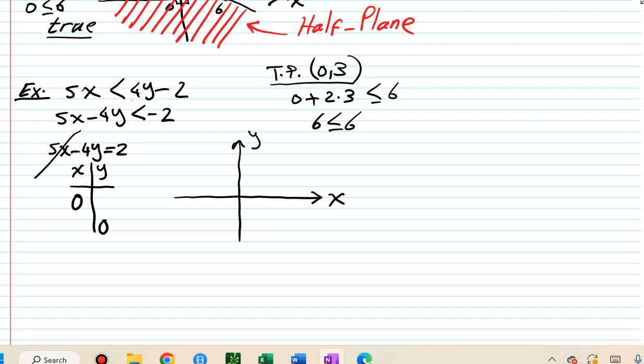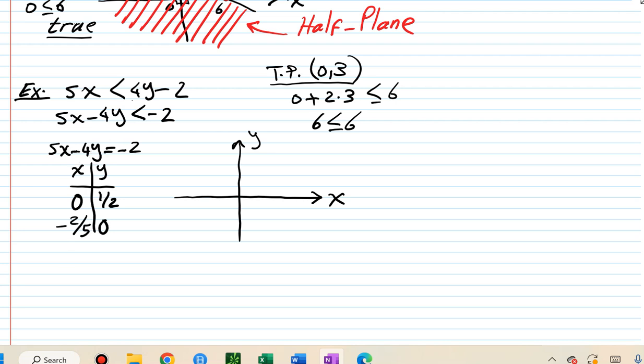And it's important that this is negative 2. Makes a big difference, doesn't it? Divide by negative 4 both sides, so I get y is negative 1/2. And then separately, I'm going to let y be 0. So when y is 0, divide both sides by 5, and I get x is negative 2/5.